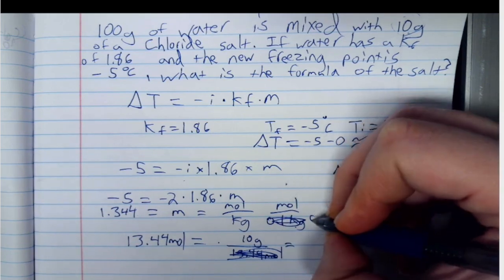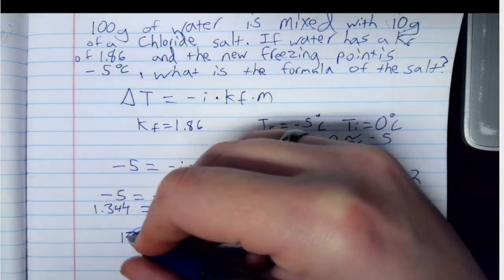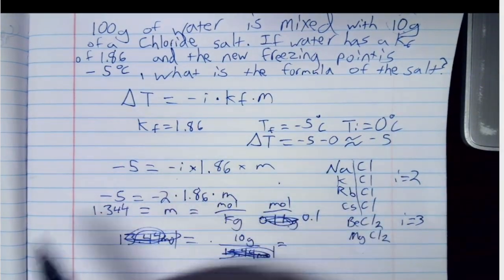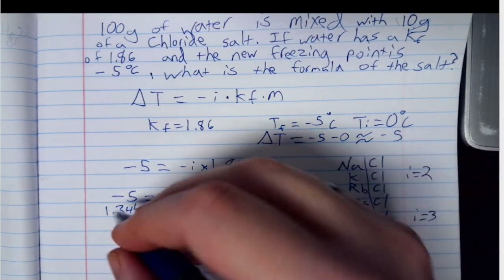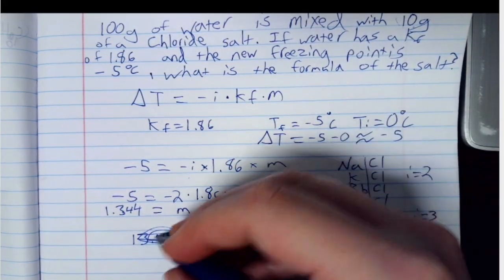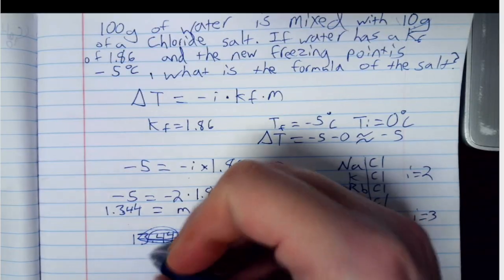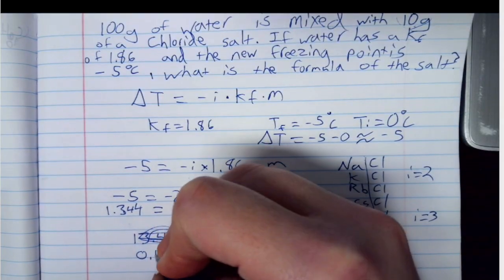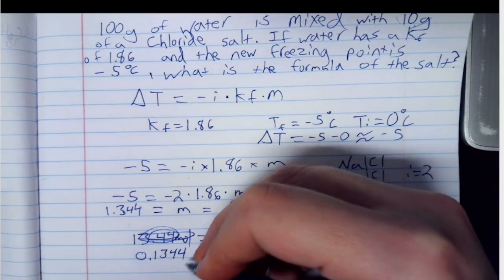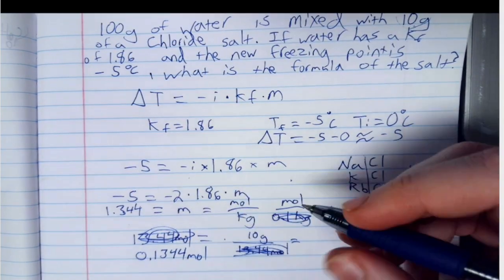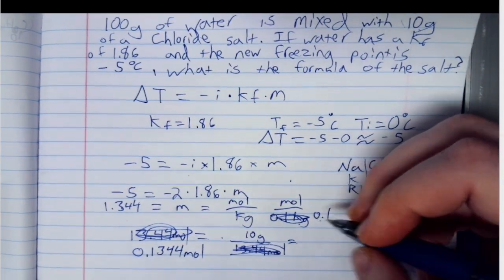No, that's right, that's 0.1. Everyone makes mistakes. I was dividing by 0.1. I need to multiply by 0.1. So my moles are not 13.44. Hopefully you saw that if you had worked it out. It's 0.1344.